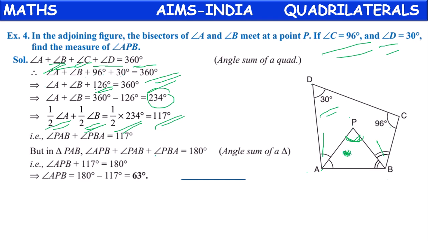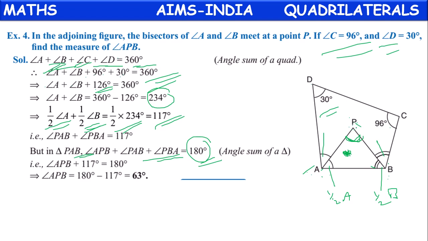This is half A, and this part is half B. Now half A plus half B plus angle P is 180 degrees. In the small triangle PAB, angles PAB, PBA and APB sum to 180 degrees.